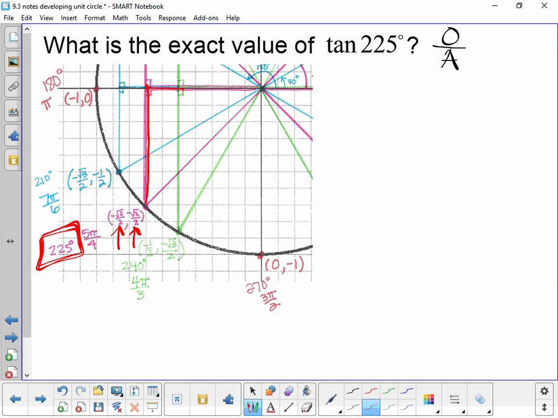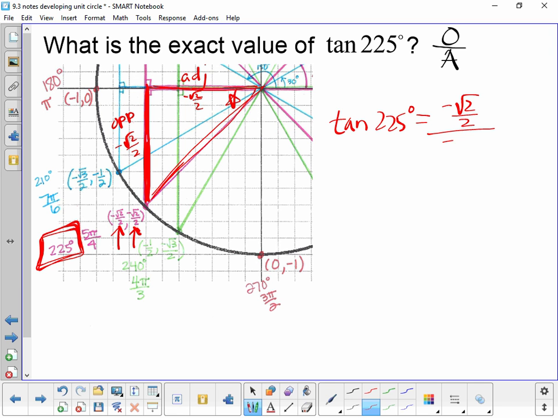So if you think about your reference triangle, and here's the reference angle, the adjacent side is here. That's how far back you went. So that's a negative root 2 over 2. And the opposite is here. In this case, it's telling me how far down I went. And it's also a negative root 2 over 2. So if I write my ratio, tangent 225 degrees equals, the opposite side was negative root 2 over 2.